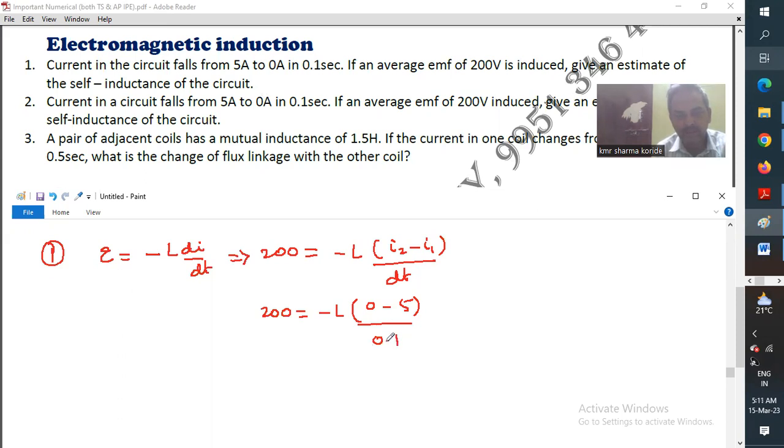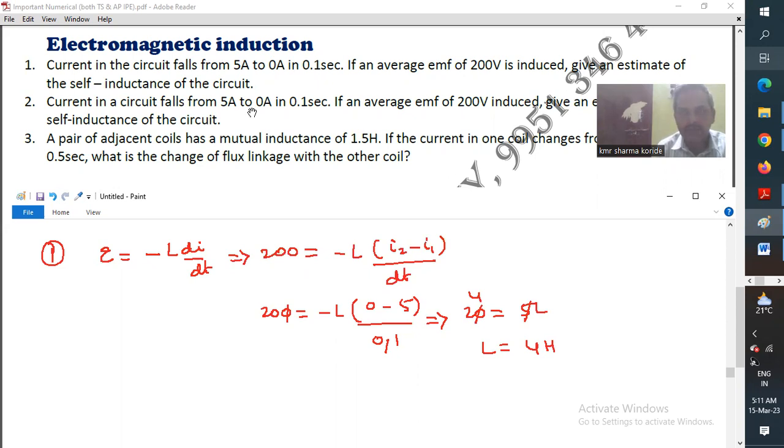So therefore, you can directly multiply, the 0 and point get cancelled. This is 20, and this is going to be 20 is equal to minus 5 into L. So therefore 5L, then this is 4. So therefore L is 4 Henry. Don't forget to write the unit.